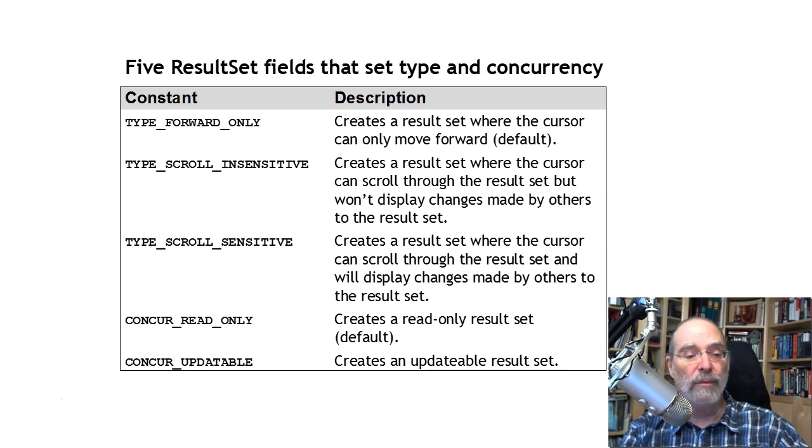You can see here from this chart the choices available to you. Forward only, which is the default. Concurrent read only is also the default. And then you have the choice of insensitive or sensitive, or whether or not it's updatable.